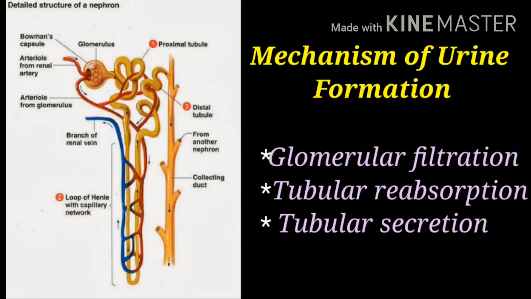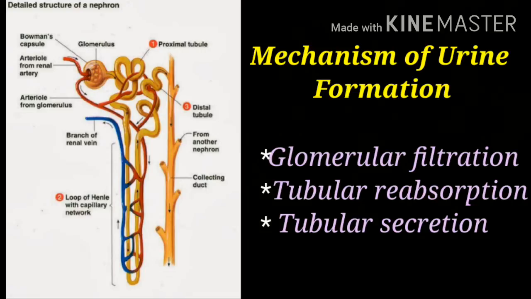The filtration begins from glomerulus and Bowman's capsule. That filtrate is called glomerular filtrate. Second one, tubular reabsorption. Here, the essential substances such as glucose, amino acids, vitamins, sodium, potassium, bicarbonates and water are reabsorbed again.